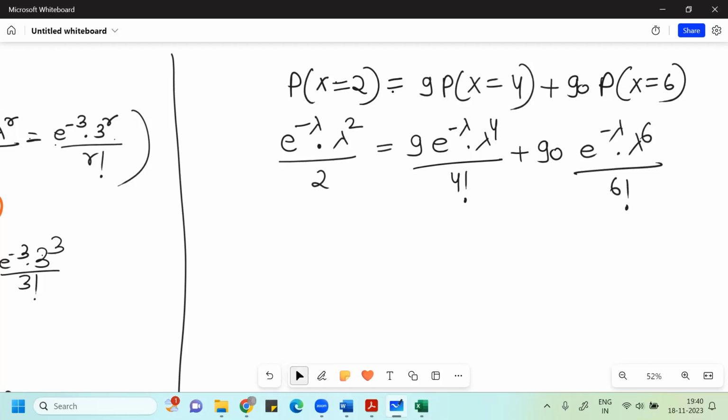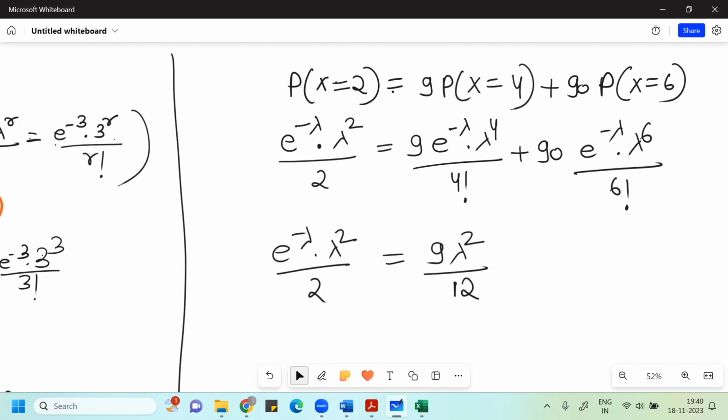Any doubt? So I can take e to the power minus lambda common and cancel it. Here I can take common e to the power minus lambda into lambda square by 2. What is left is lambda square. This 4 factorial is 24, so what is left is 12.